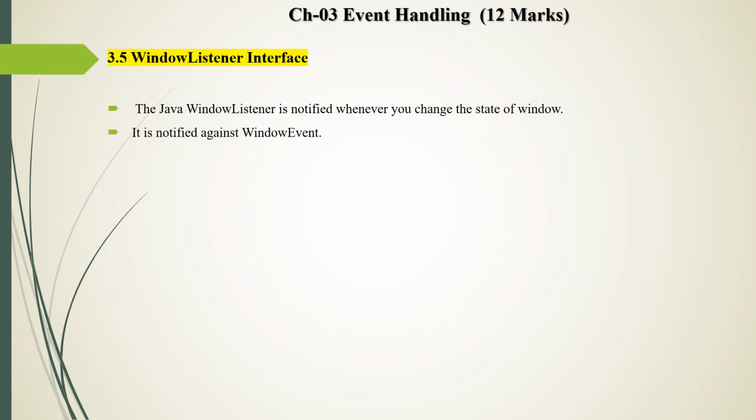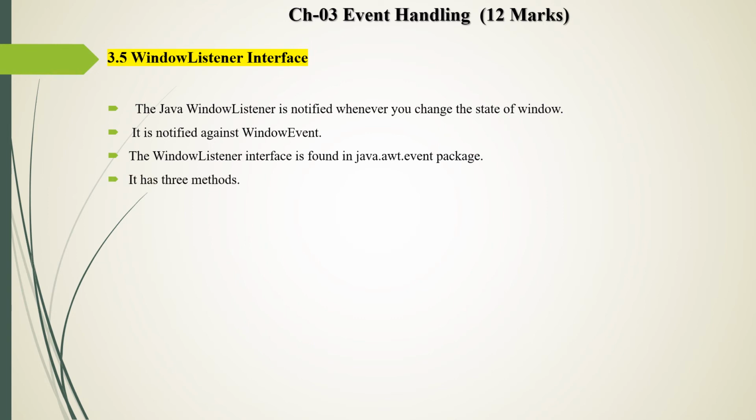Next, it is notified against the WindowEvent. So as we see WindowEvent, the respective listener is WindowListener. When a window event is created or generated, that time the WindowListener is responsible to give the response to that event. The WindowListener interface is found in the java.awt.event package.